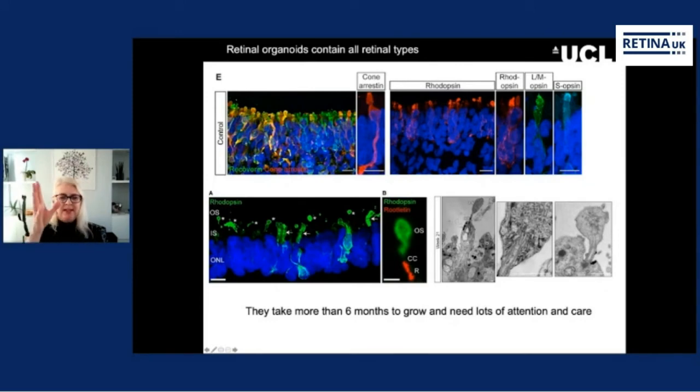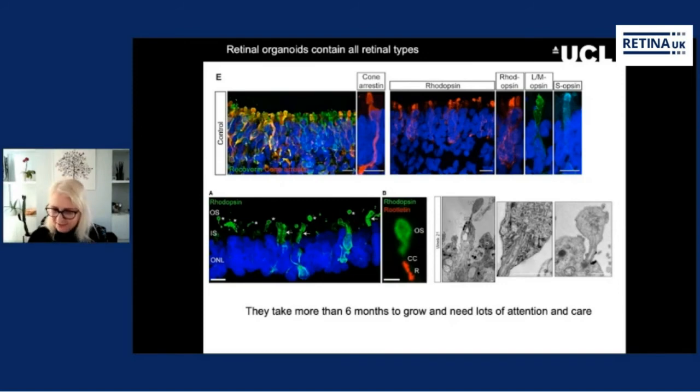So this is the light sensing part of a rod photoreceptor and a cone photoreceptor cell. So this is just amazing. It's beautiful. It looks just as we'd expect it to do. It follows human development perfectly. So the cells grow in a sequence of events as we'd expect to see normally in a human.